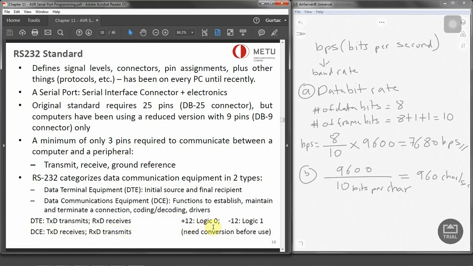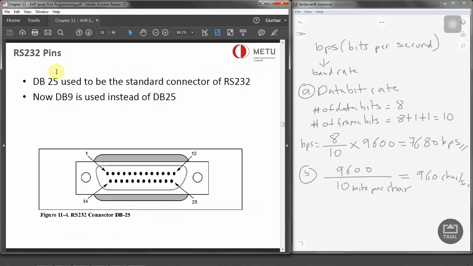So +12 is logic 0, -12 is logic 1, so we need some kind of conversion before we use it. DB25 is the larger, older version of the connector for RS-232.